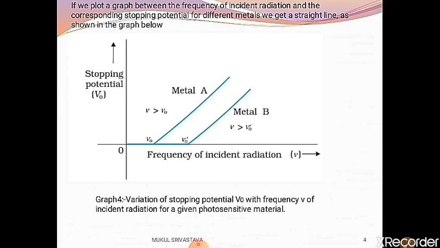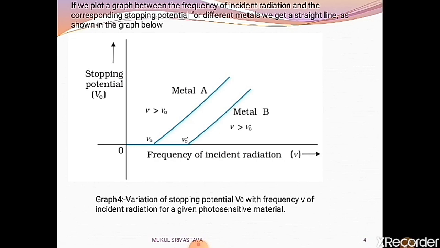Now for a frequency nu of an incident radiation lower than the cutoff frequency nu naught, no photoelectron emission is possible. I'm talking about a general value of nu, which represents the frequency of the incident radiation, lower than the cutoff frequency nu naught.